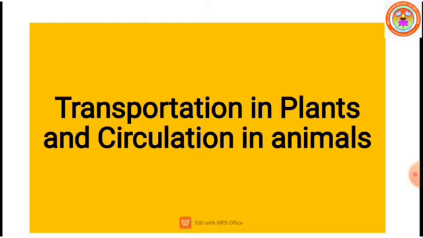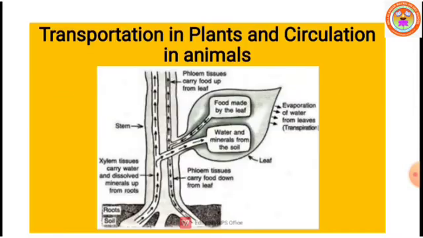Today's session, we are starting the new unit, Unit 14, Transportation in Plants and Circulation in Animals.